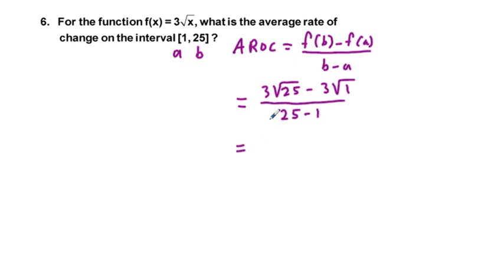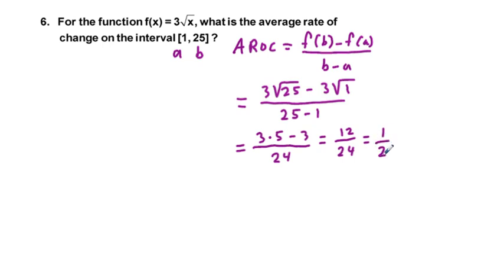Just simplifying, the square root of 25 is 5. So 3 times 5 minus 3, and 25 minus 1 is 24. So we have 15 minus 3, which is 12, over 24, which is equal to 1/2.